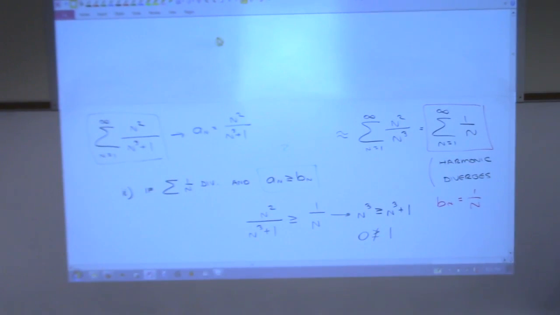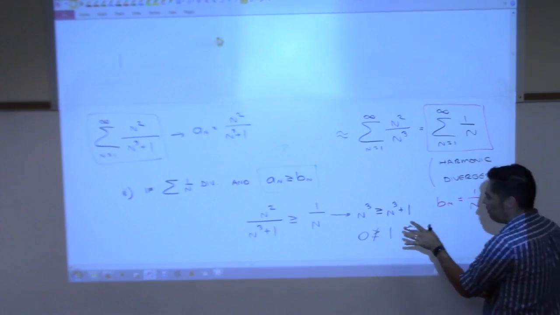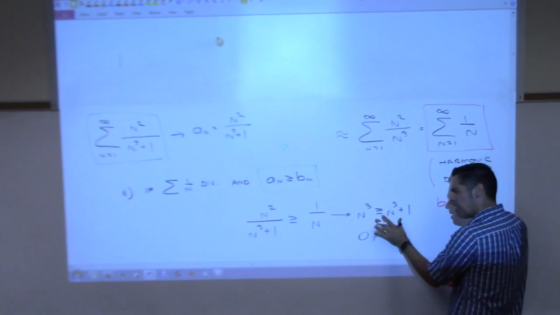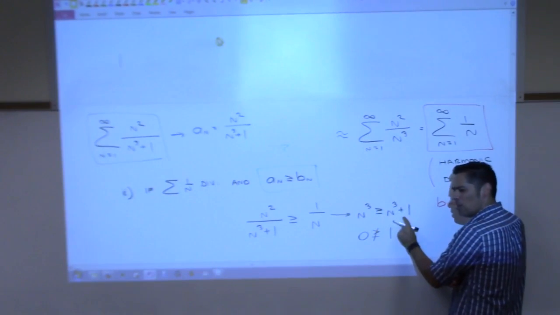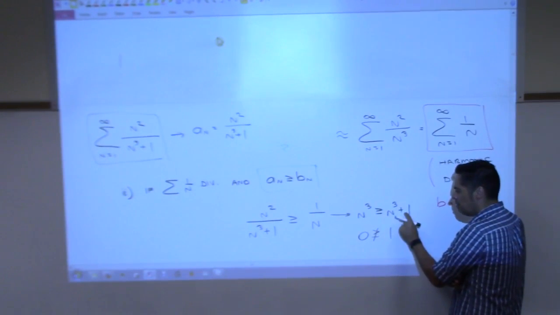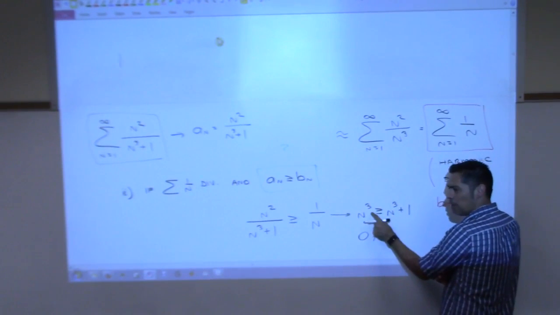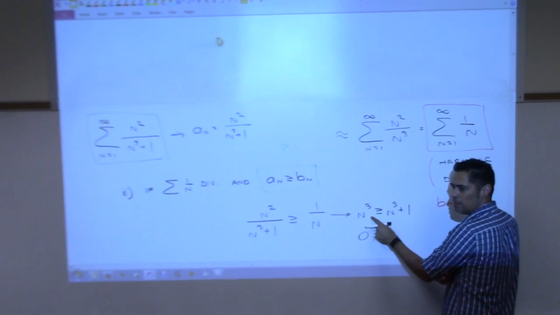So we actually should take a step back for a second. And we should try and look at this and see, where did it fall apart? This piece right here, right? That plus 1. It would be nice if I would have had something bigger over here, like maybe n cubed plus 2 or something bigger.